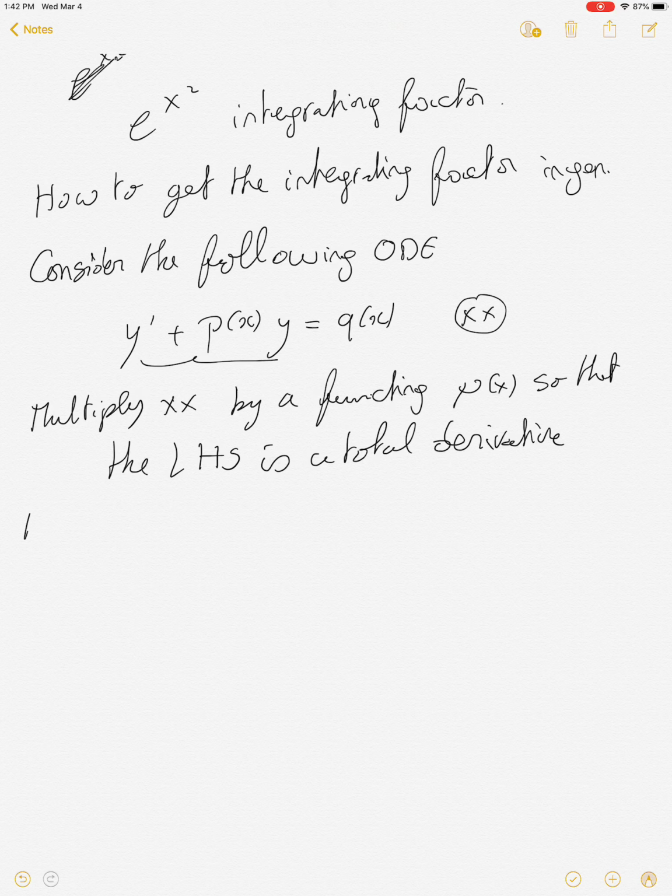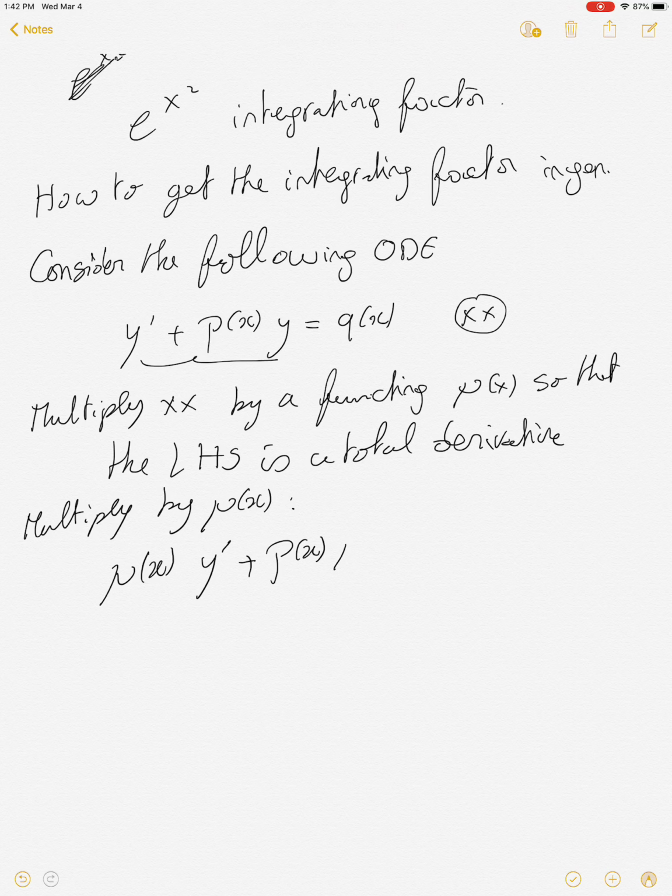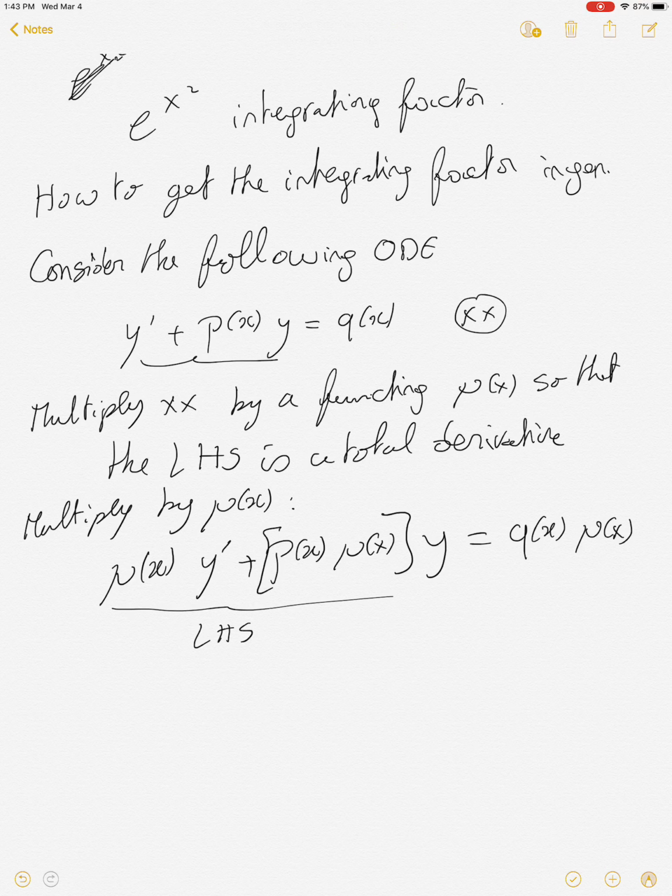So let's multiply by mu(x) and see the equation that mu(x) should satisfy. Then I get mu(x) y prime plus p(x) mu(x) y equal q(x) mu(x). Now notice that for the left-hand side to be a total derivative, here I have mu(x) times a derivative plus some function times y.